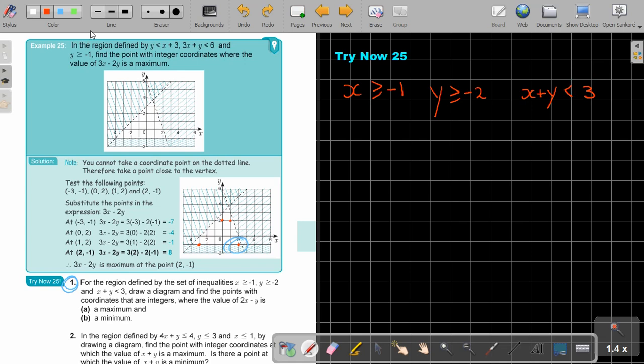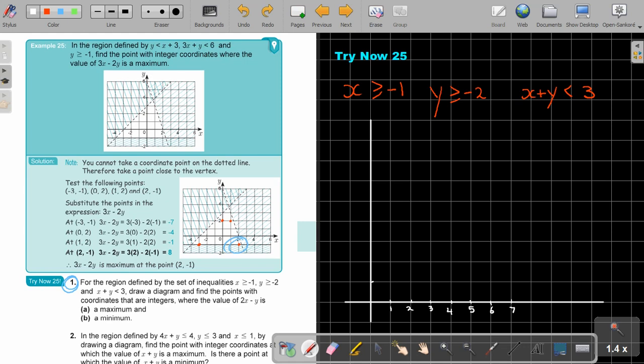Okay, so if I draw my grid, now let's just mark the numbers. So this is 1, 2, 3, 4, 5, 6, 7. Okay, and is there negative values also? Yes. So I have to extend that a little bit.